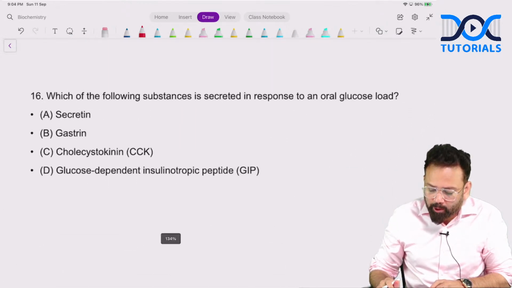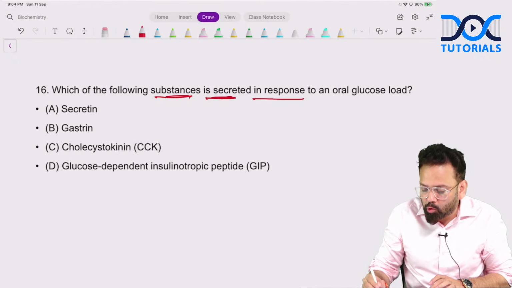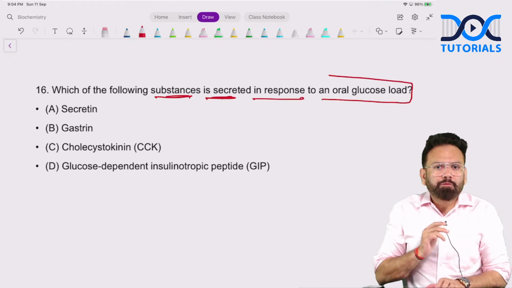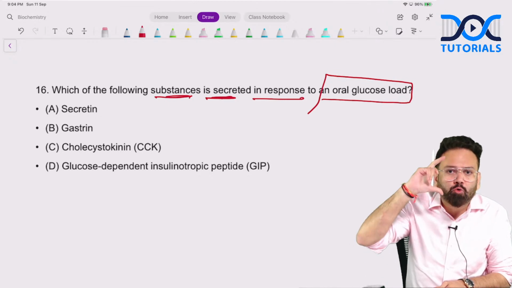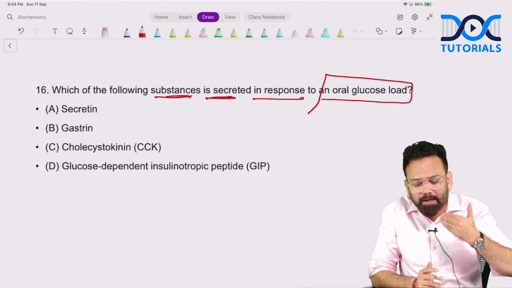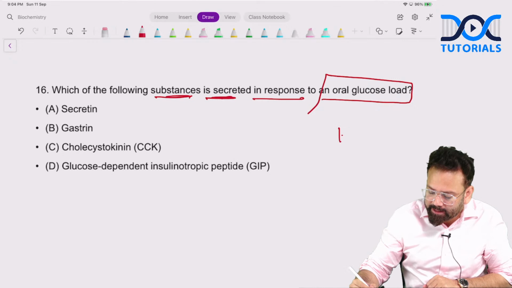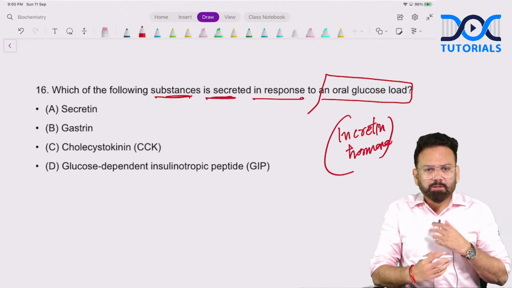Which of the following substances is secreted in response to an oral glucose load? If you take 75 gram of glucose or 100 whatever, if you take glucose, which hormone will increase? I will give you a hint. That is called the incretin hormone. Tell me fast, there are 90 questions.